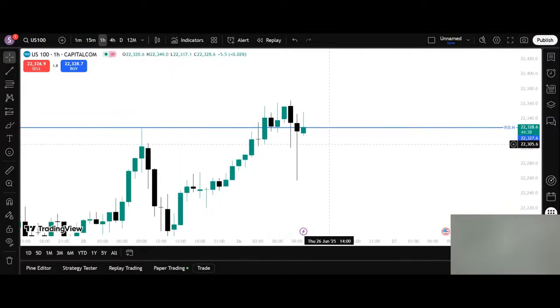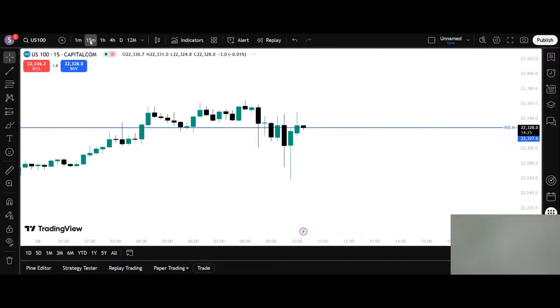1 hour is also kind of bullish. Went all the way down here, tapped into this bullish FVG, and then retraced all the way back, leaving a very big wave. Now I'm gonna wait on the 1 minute and see.